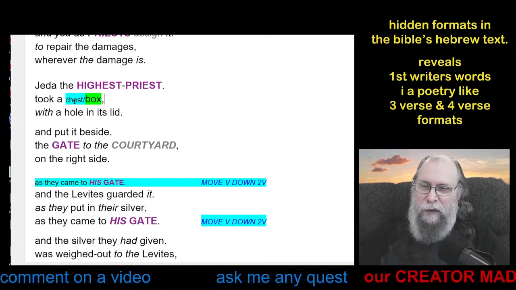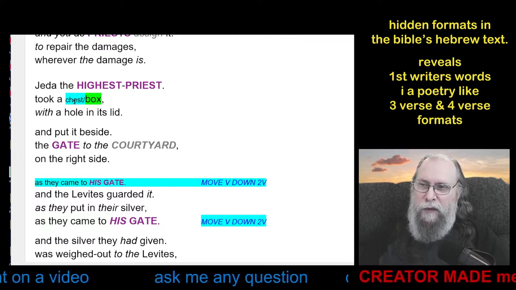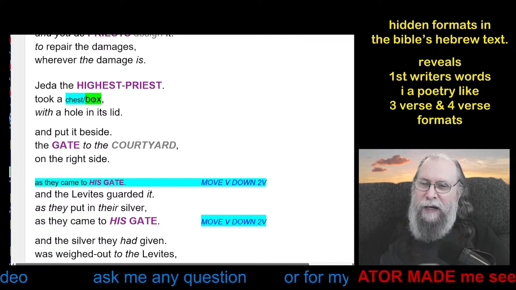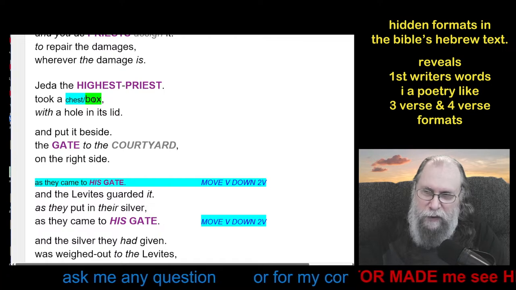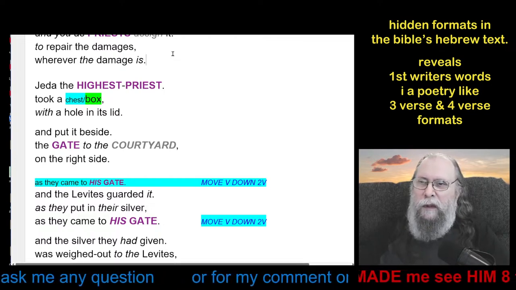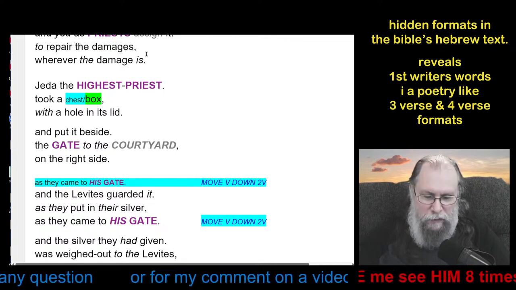The 12 commandments are under his mercy seat, so that is the only word chest when you search. And when you see a box, this is going to be something that they're going to put out there that people are going to donate to, to repair the damages.